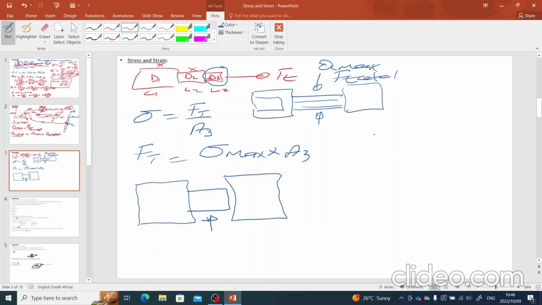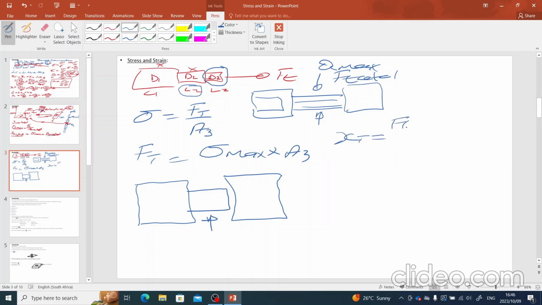Now, again, let's say you are given that compounded material, but they want you to calculate the length or the diameter in unit 2. It means you will be given a change in length total.